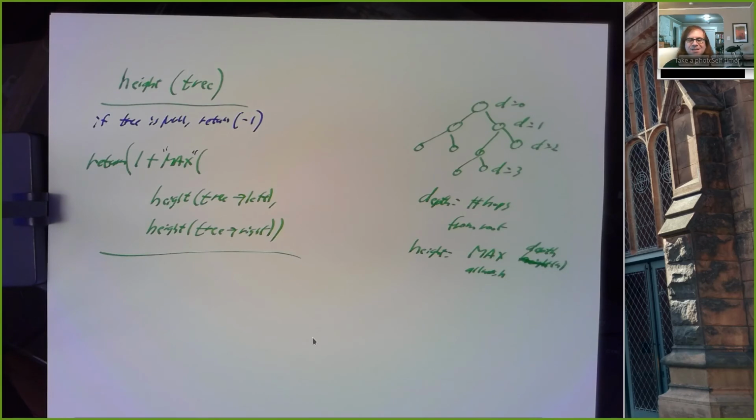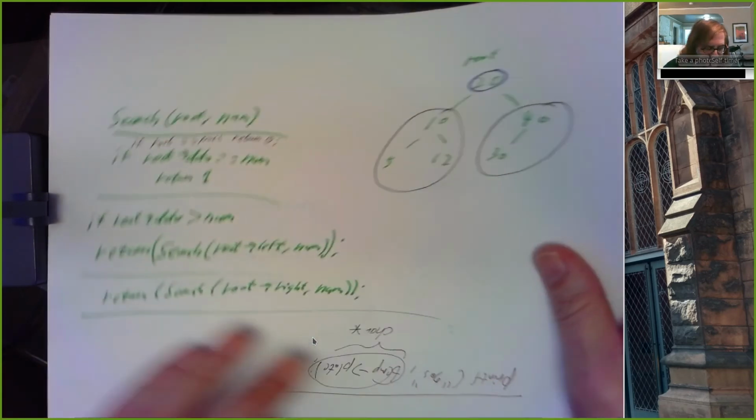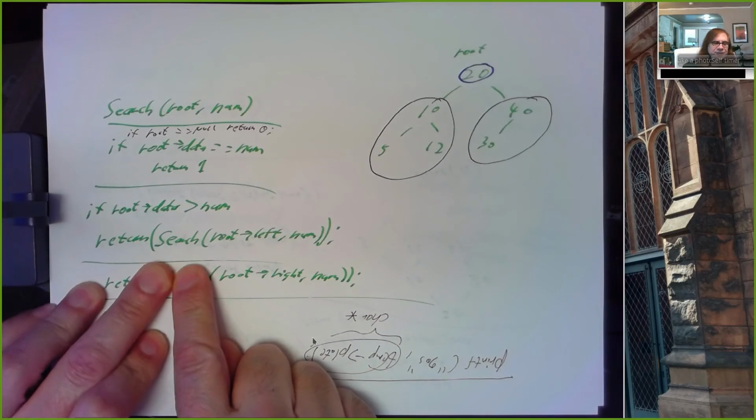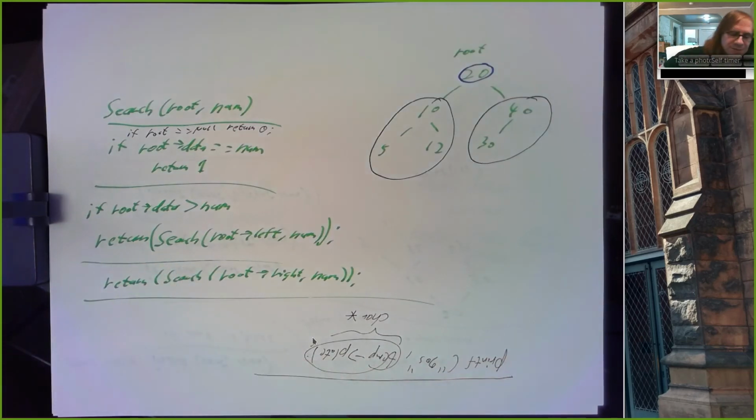Now, the downside of recursion, and we'll get to this in a couple of weeks when we talk about dynamic programming, is that it's kind of resource heavy. When we have a function called search and it's going to call any function inside here, that's an expensive operation.